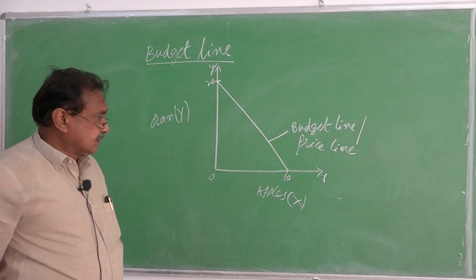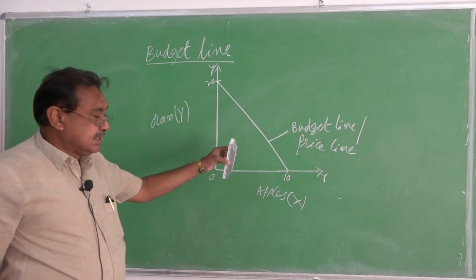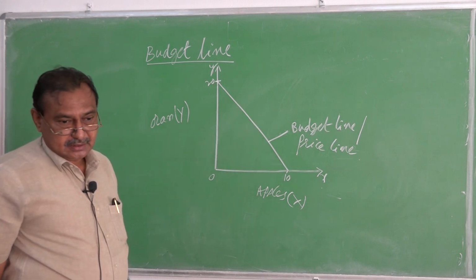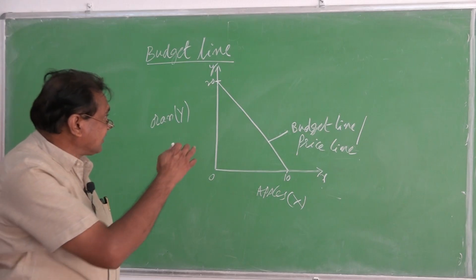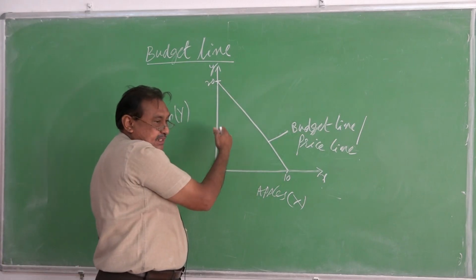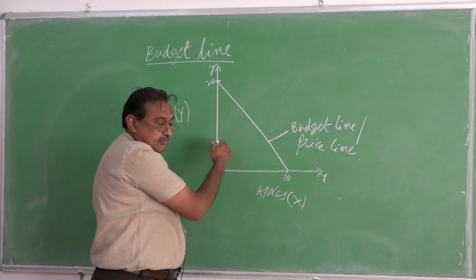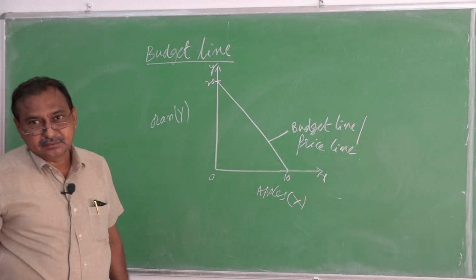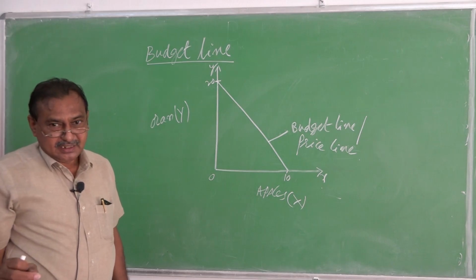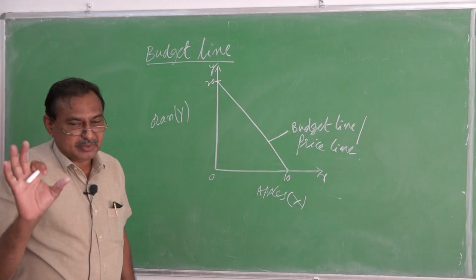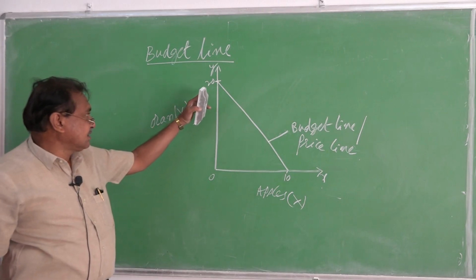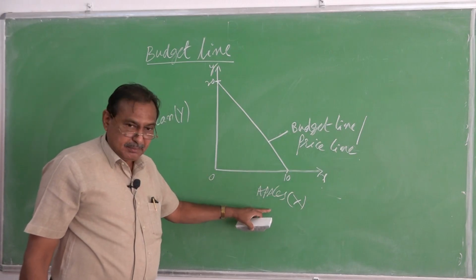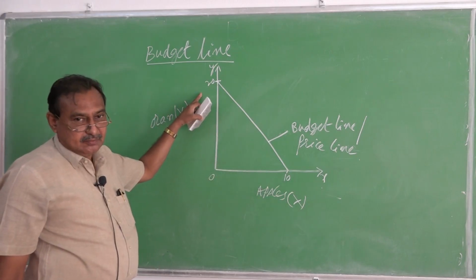Now the question is, can this budget line shift? Yes. The budget line may shift towards the right or towards the left. When will the budget line shift towards the right and left? Listen here. If a consumer has only 100 rupees, he can purchase 10 apples and 20 oranges.